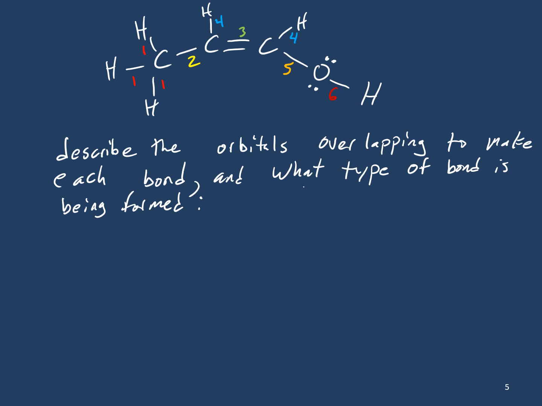So let's talk about that first one. This is due to the 1s orbital on hydrogen overlapping the sp3 orbital on carbon to form a sigma bond.